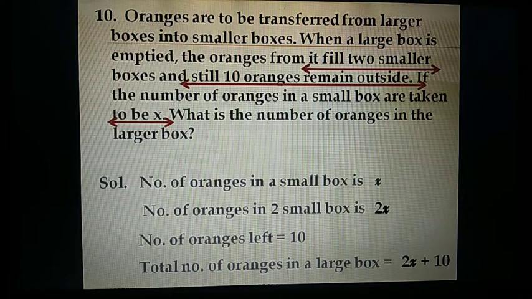Now, moving to question number 11. In this question number 11, you will see some patterns are given to you. We are supposed to find the rule that gives the number of matchsticks that is used in terms of the number of squares.